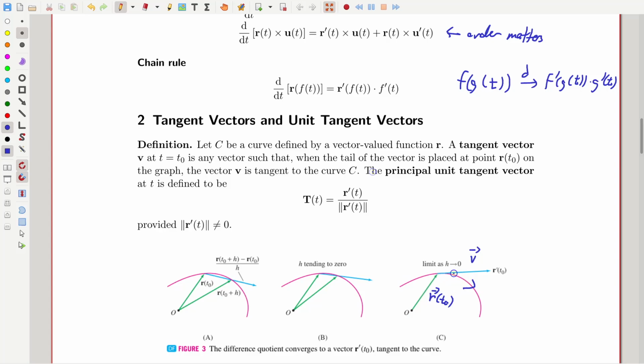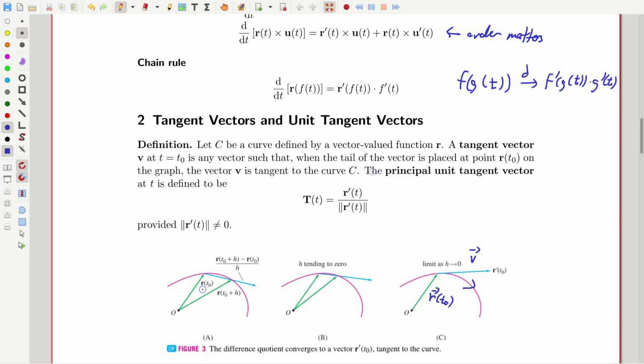But we want the tangent vector to tell us what is the actual change that is taking place as you go from one time step to another, which you can see from this picture. And so by considering these pictures, you can notice that the vector in blue is the limit of the difference quotient.